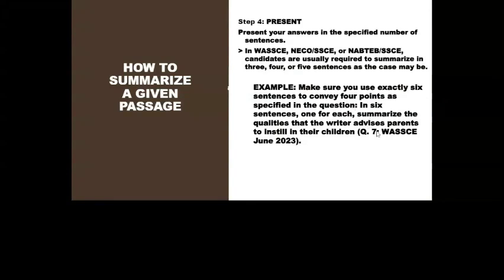The question we have before us is, in 6 sentences, one for each, summarize the qualities that the writer advises parents to instill in their children. Okay? Now, you cannot write 7 sentences where you are required to write only 6. So, in presenting your answers, you must present your answers in the specified number of sentences.